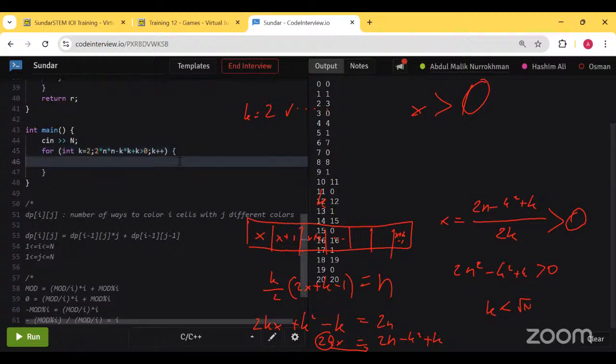If you believe it, there's no need to prove it. The complexity is just square root of n. No, this is not n squared, I think it's just 2n, not n squared.